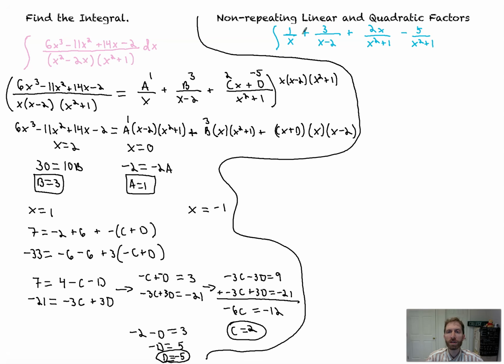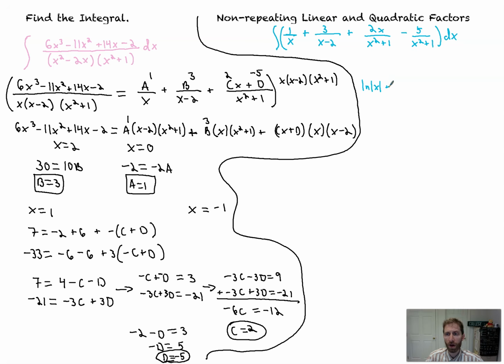Now, I'm going to do these integrals out, where if you need help on any individual integral, you're going to have to go back to chapter 5 and chapter 4 to go over that, because each of these integrals are not bad. But man, if I go through this piece by piece, it's going to take another 10 minutes. So here we go. The integral of 1 over x is ln of the absolute value of x.